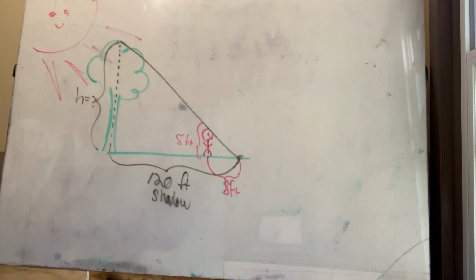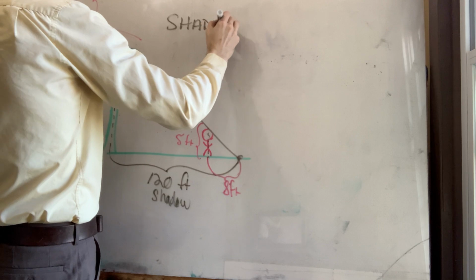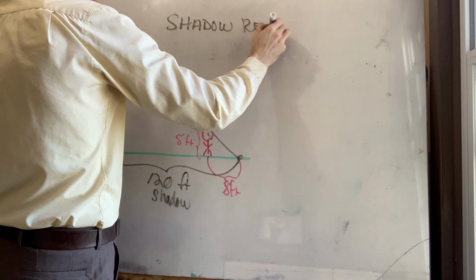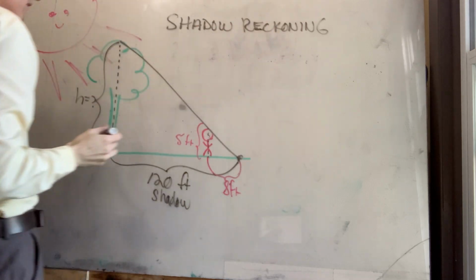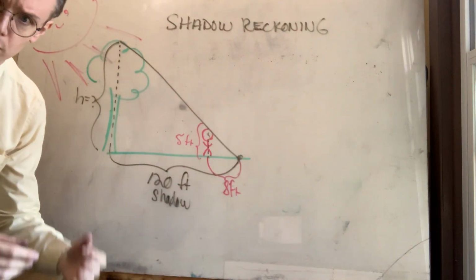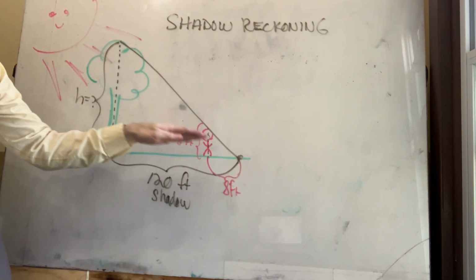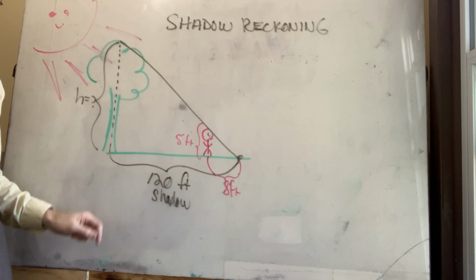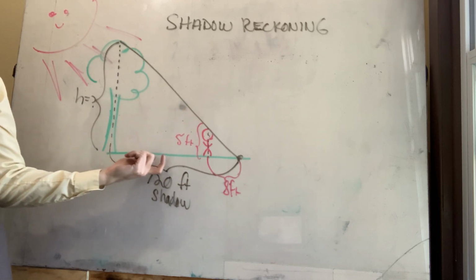This is called shadow reckoning, and it is an indirect measurement. Now, why have this sort of a thing? It is easy for a human, a terrestrial organism, to measure along the ground, because no matter how tall you are, you could easily measure along the ground.